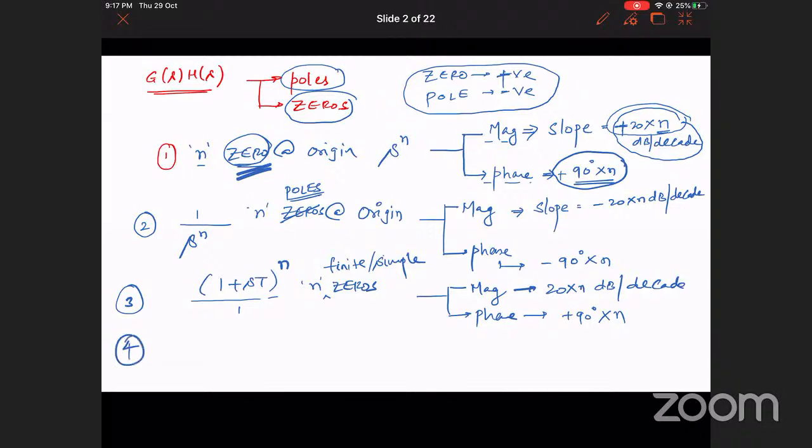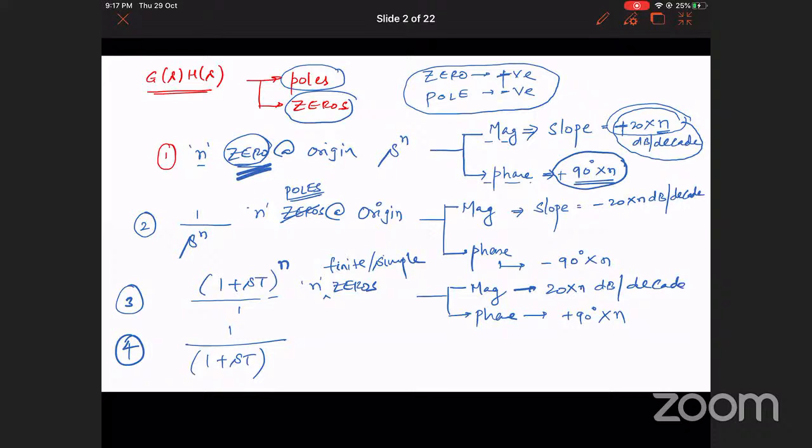The fourth and the last category that we have to see is poles. Obviously this kind of term would be there in the denominator, a 1 plus sT term. Again, I'll definitely explain how to get the 1 plus sT term. So what does that indicate? When you have a polynomial of s in the denominator, it contributes poles.